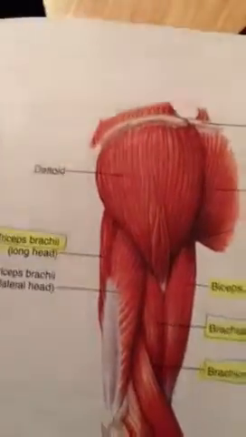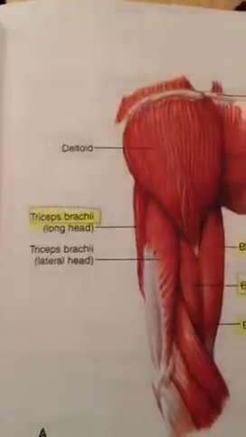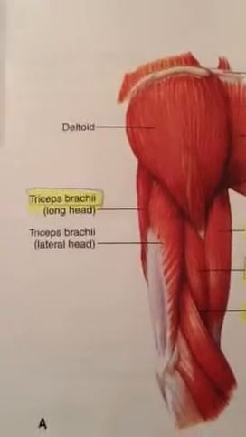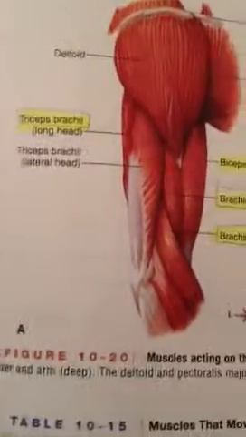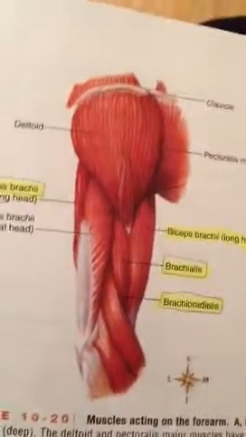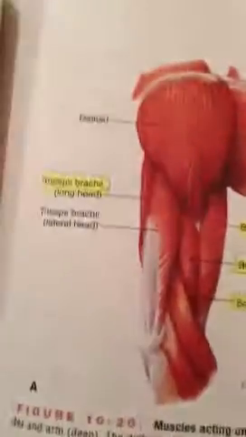Triceps brachii. Origin is scapula and humerus. Insertion is ulna. It extends the lower arm.